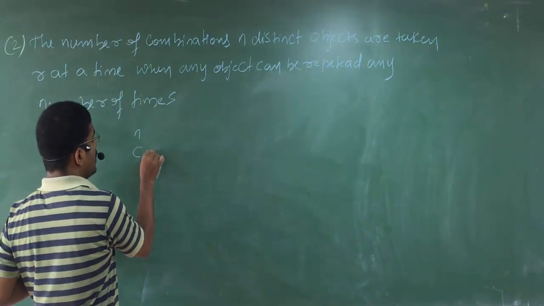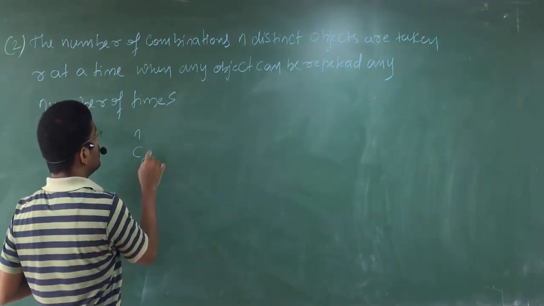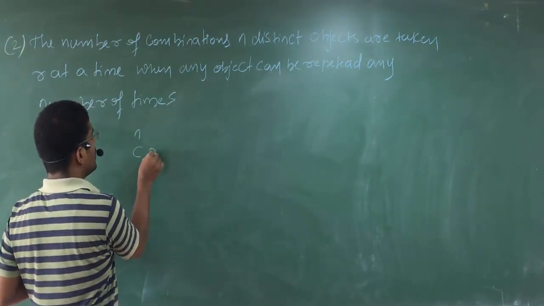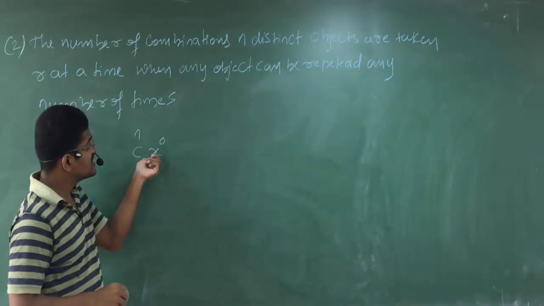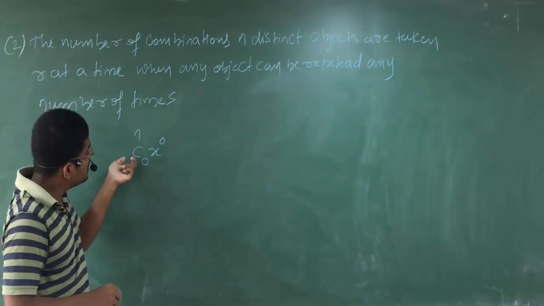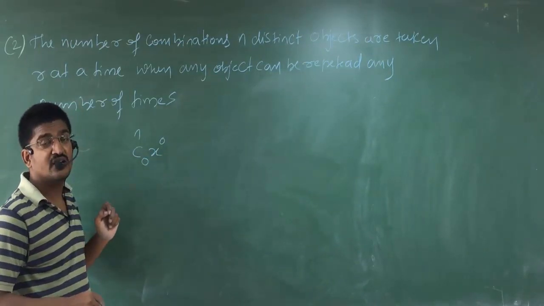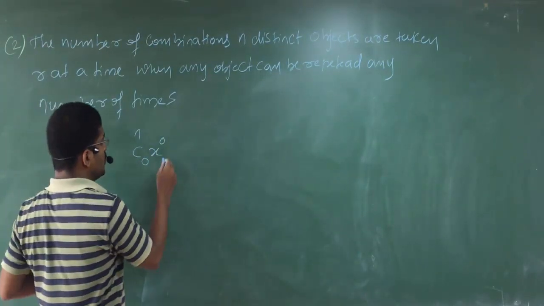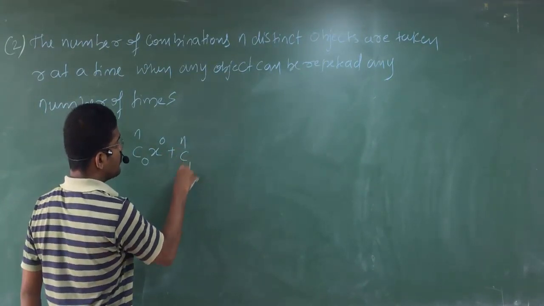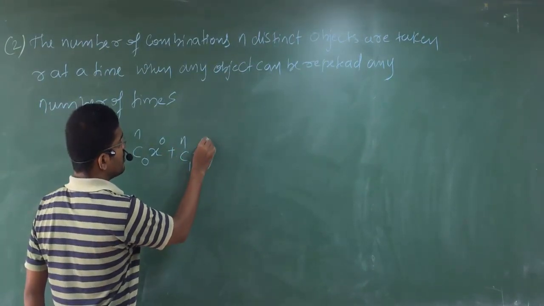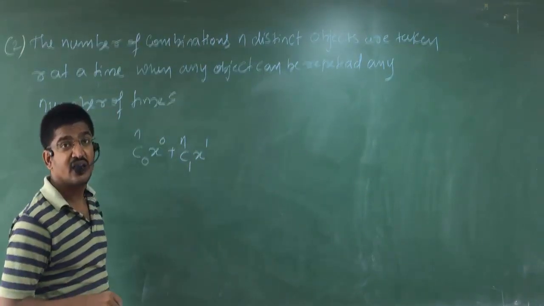So, here I can write x to the power of 0. That means this can be repeated for these many number of times. Clear? So on, plus nC1 x to the power of 1. Clear?